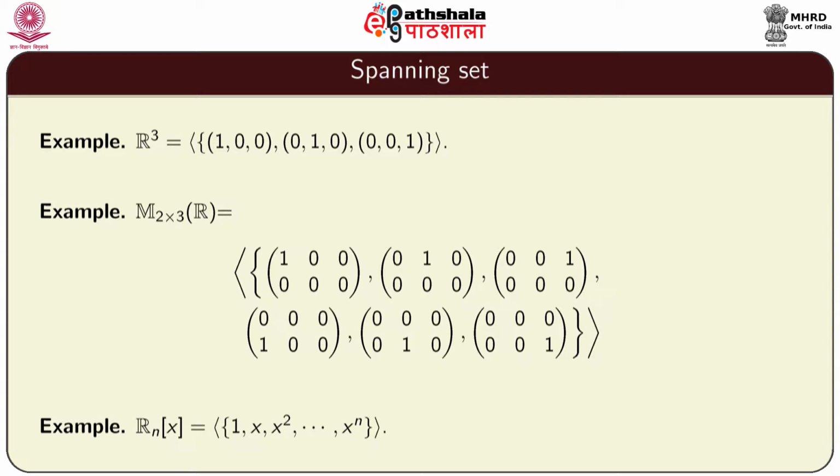Well, this again spans this vector space for the simple reason that if you take a typical element from this vector space, then it would be a 2 cross 3 matrix, and it is not difficult to see at all that a 2 cross 3 matrix can indeed be written as a linear combination of these 6 matrices.